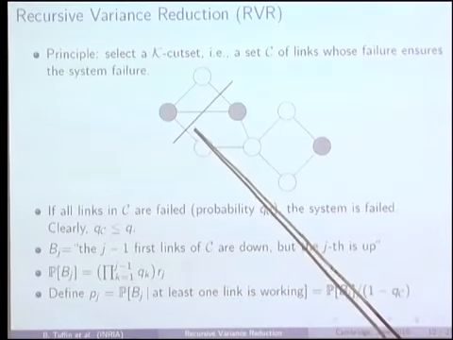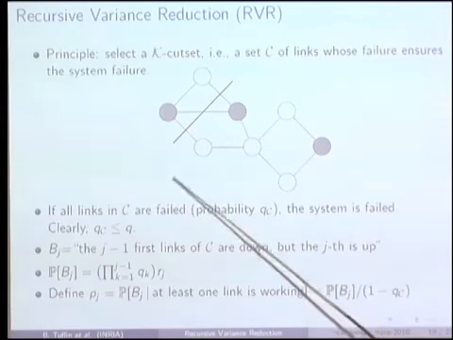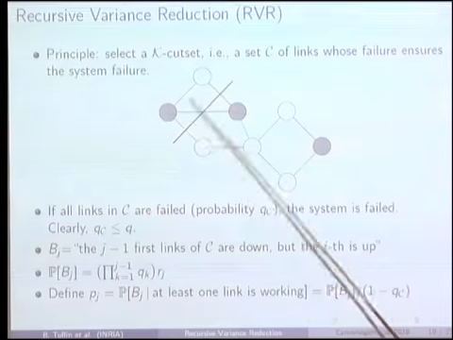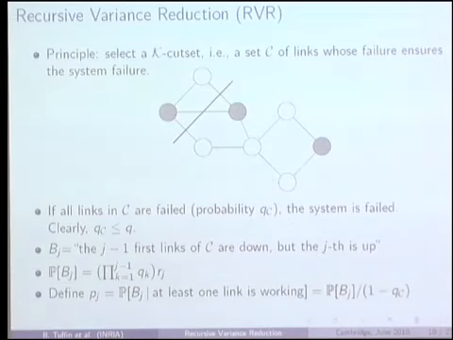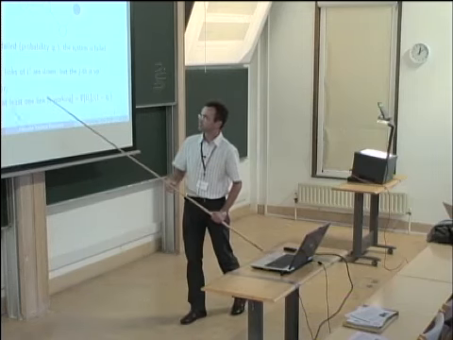Here you have those 3 links. If those 3 links do not work, then this node is not connected to the others. Computing such a cut set can be done in polynomial time, in m log m actually.